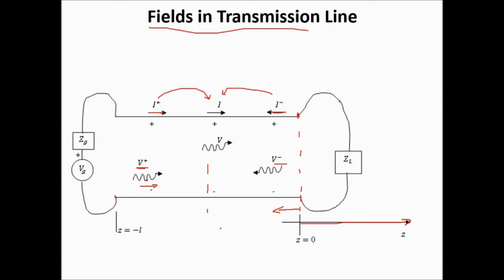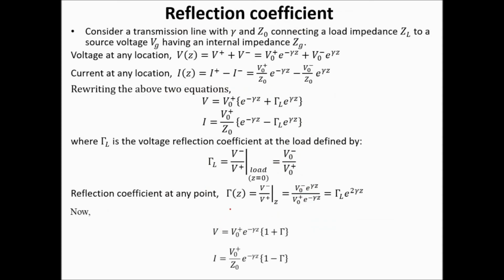So now we are going to use these expressions for finding the reflection coefficient. So consider a transmission line with propagation constant gamma, characteristic impedance Z0, and load impedance ZL, with source voltage Vg and source impedance Zg. So the voltage at any location will be the forward voltage propagating in the positive z axis plus the reflected voltage.